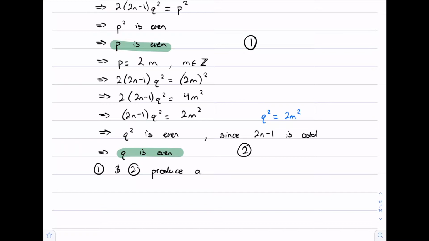They're producing a contradiction. And I'm going to even tell the marker what the contradiction is. Contradiction.